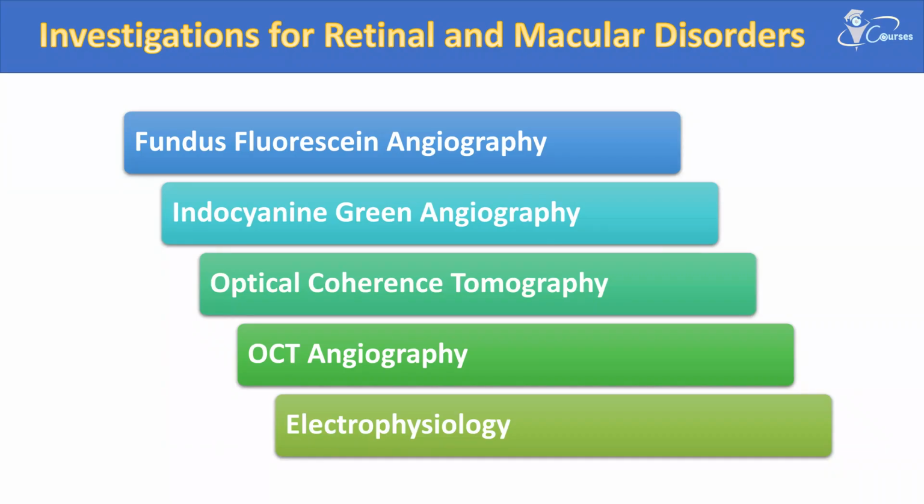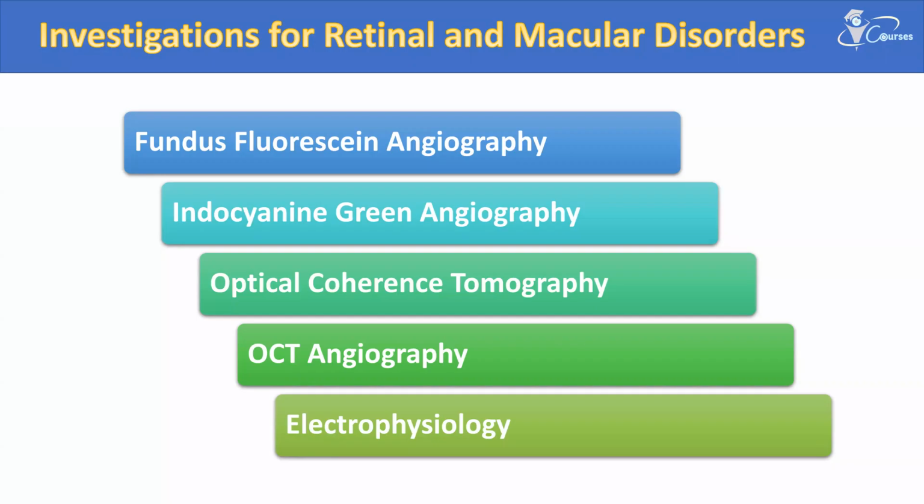You could have an image of a fundus fluorescein angiography, indocyanine green angiography, or optical coherence tomography, and you should know how to interpret them. But for OCT angiography or electrophysiology, you may be asked only about some general principles or the interpretation without a photo, without the need to read an OCT angiography photo or electrophysiology graph.